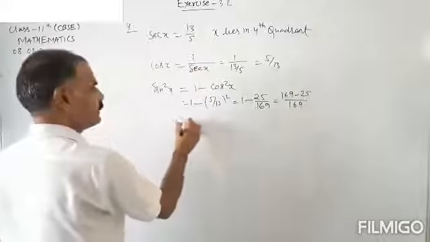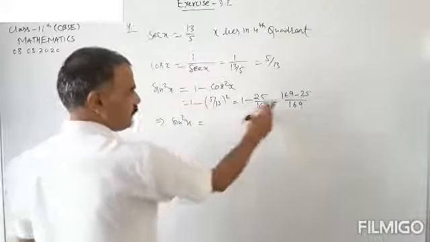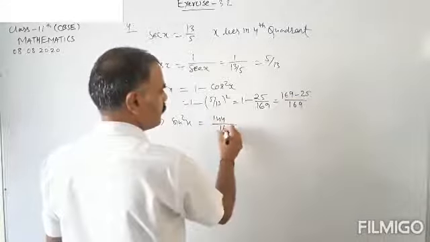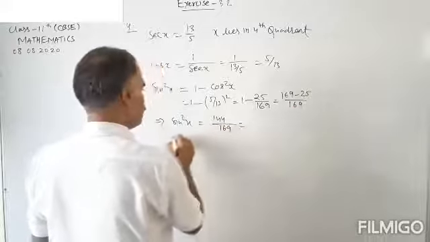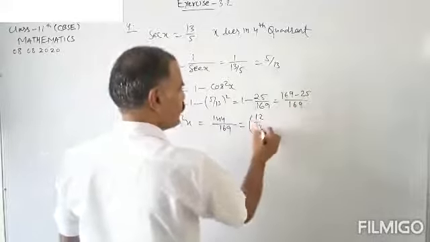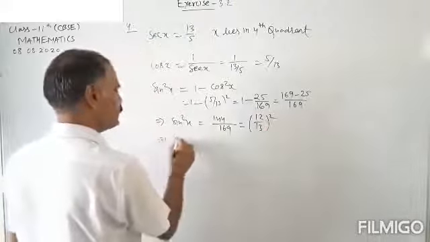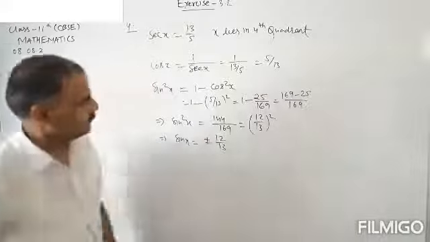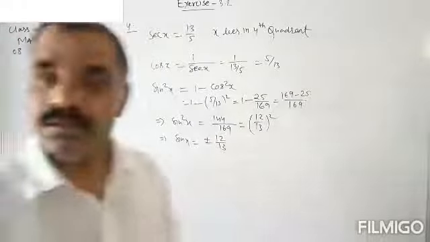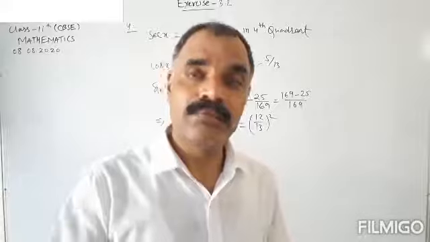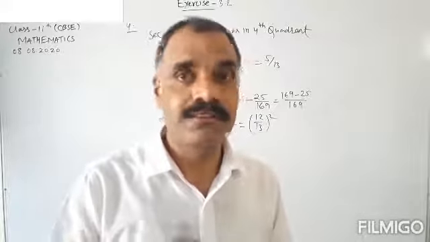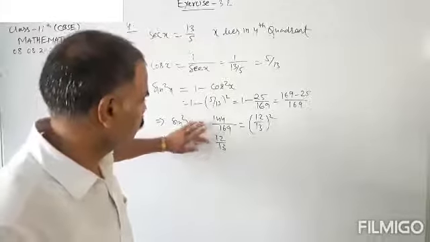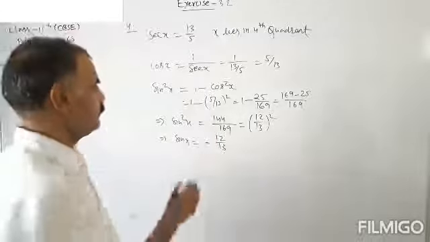So sin square x is 169 minus 25, that is 144 upon 169, which is 12 upon 13 whole square. So sin x is plus minus 12 upon 13. As I have already told you, in the fourth quadrant sin is negative, so the positive sign has no relevance. So sin x is minus 12 upon 13.